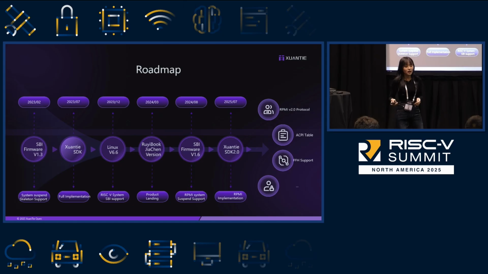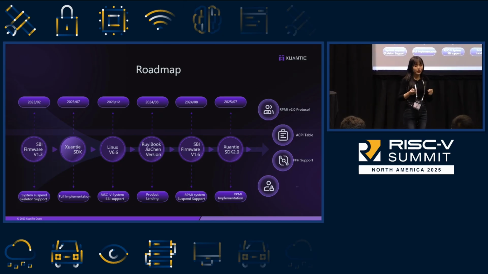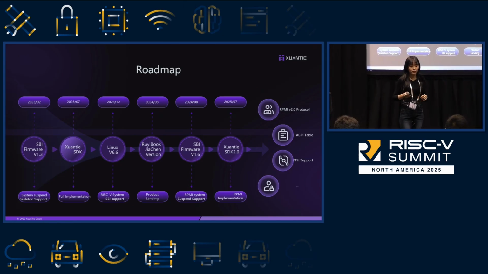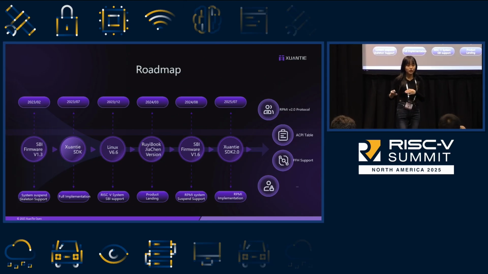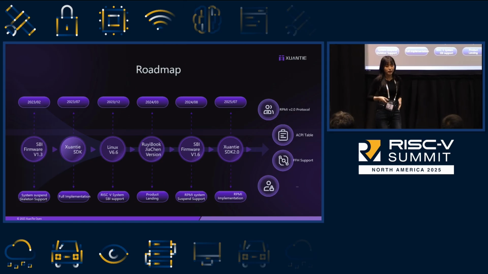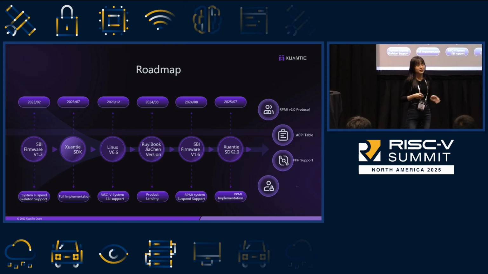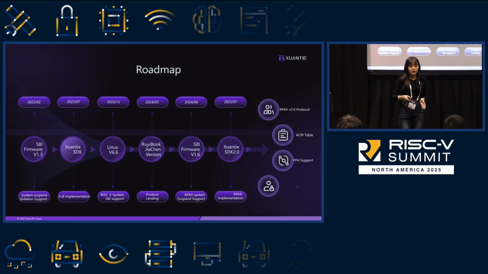So you can see here, from 2023 the SBI has upstreamed the system suspend support, and after 5 months, the XuanTie SDK just launched and did the full implementation of system standby. Then the RuyiBook JiaChen version was released in a year, which is fast.